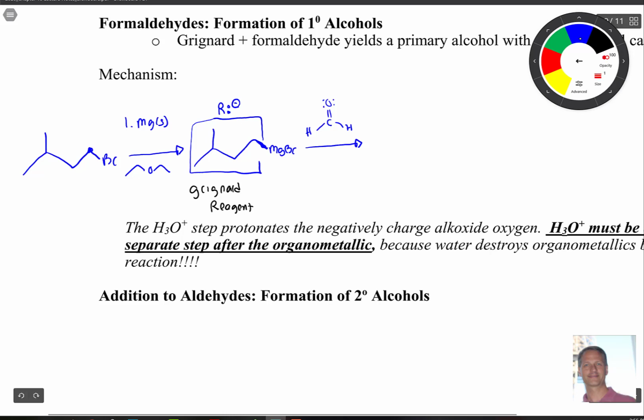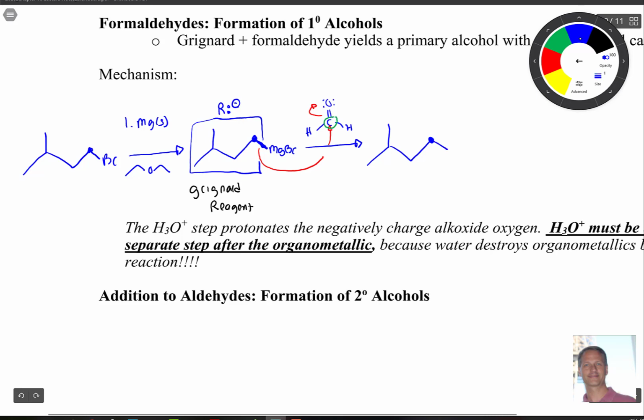Arrow-wise, the way that we would show this is the following. We would take this set of electrons and come over and grab a hold of that. Remember, both sides of that face. So where I put that bullet, that's what's in that box, right? Now what that's connected to is this carbon right here.